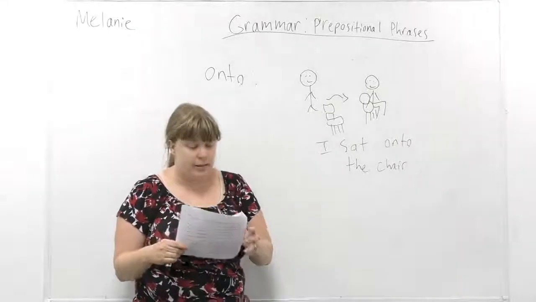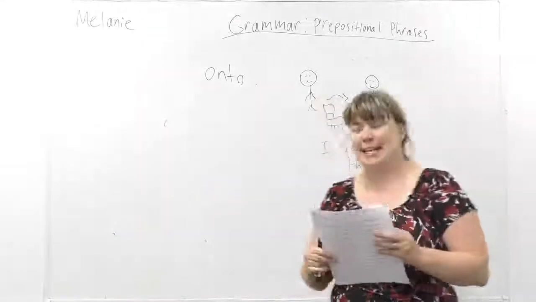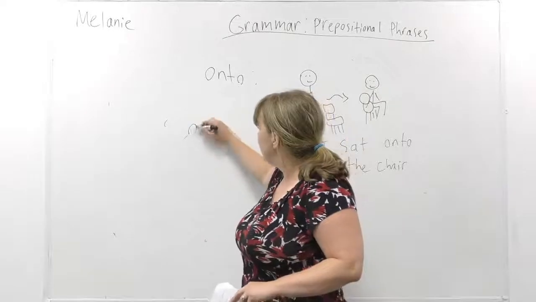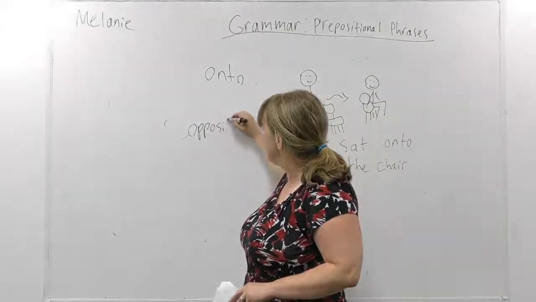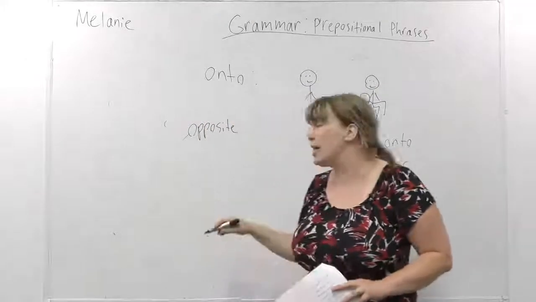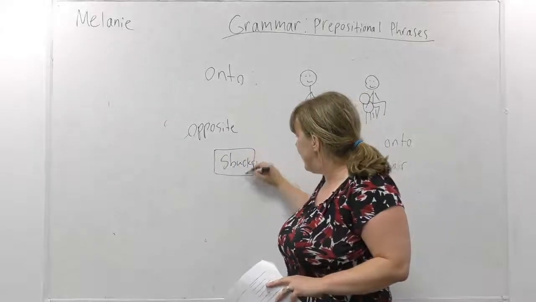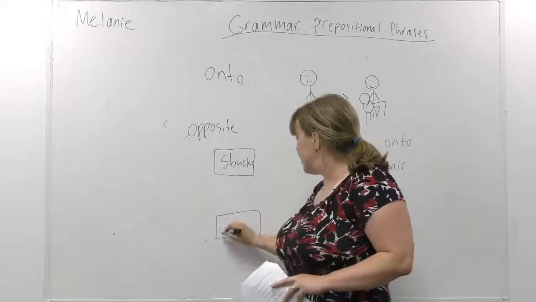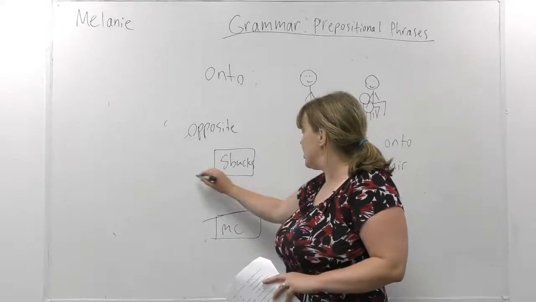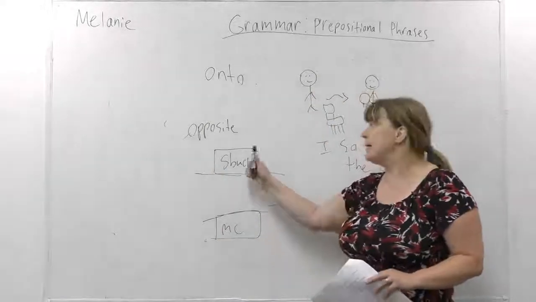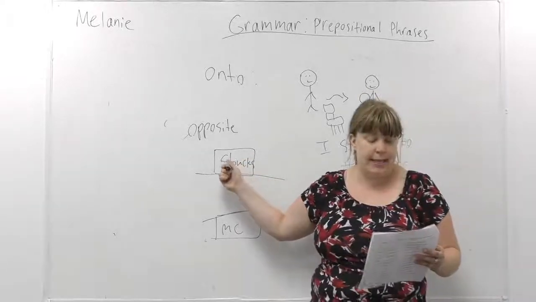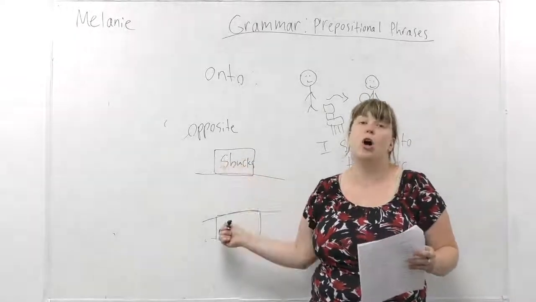Okay, so next we have opposite. Opposite. Okay, so this is similar to across actually. So I'm going to go back to my Starbucks and McDonald's. Okay, here's the street. So here we could say Starbucks is opposite McDonald's.